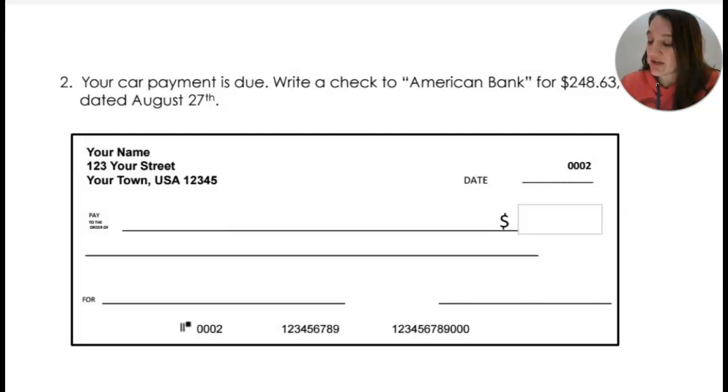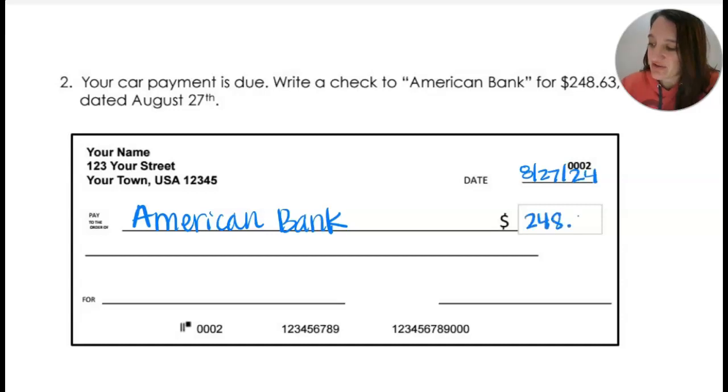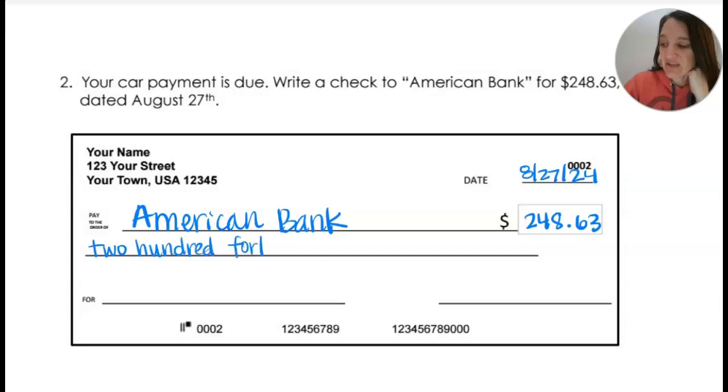So here we go. It is to the order of American Bank. Today's date is August 27th. It is for $248.63. We're going to write all of that out. 248, and do you remember how to do the pennies? 63/100ths of a dollar.